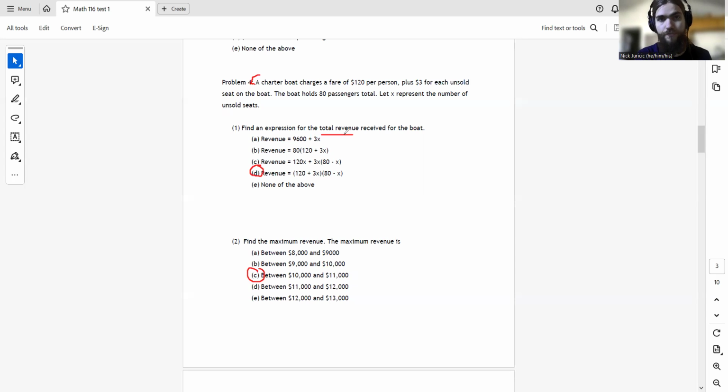Total revenue, sure. What do we know about revenue? Revenue is always equal to price times quantity, in the sense of how much you're selling something for times how many you sold.